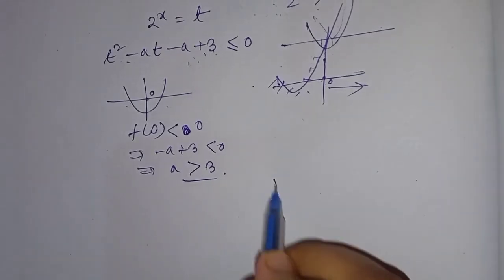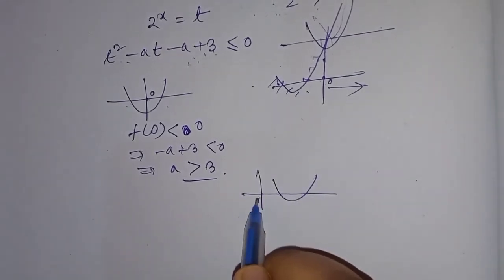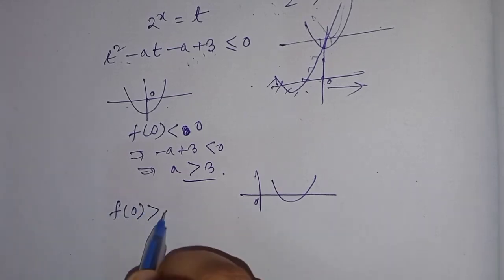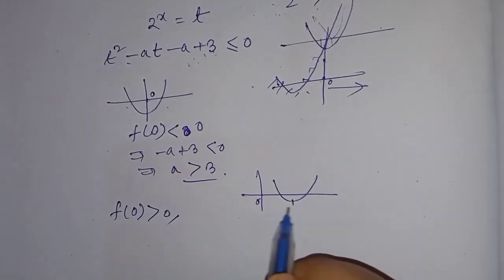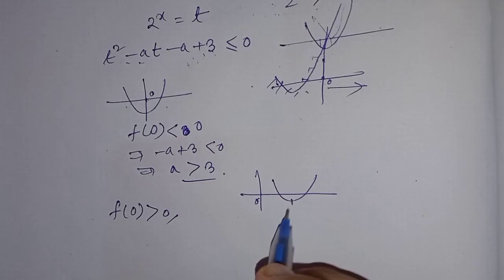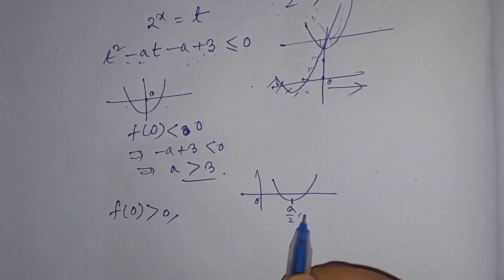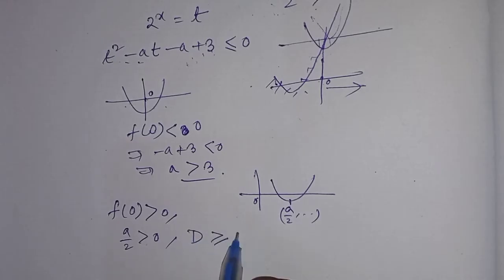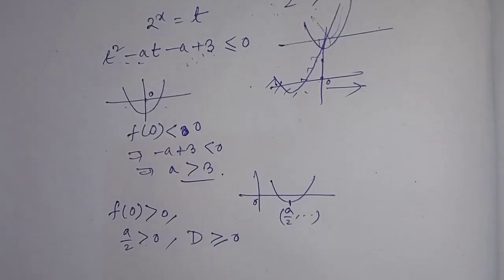And case 2, when both the roots are greater than 0, what we can say is f of 0 is greater than 0. Then the x coordinate of the vertex of this parabola is minus of minus a, that is a by 2. This x coordinate must be ahead of the 0 line, so a by 2 is greater than 0, and since it has real roots, the discriminant must be greater than or equal to 0.